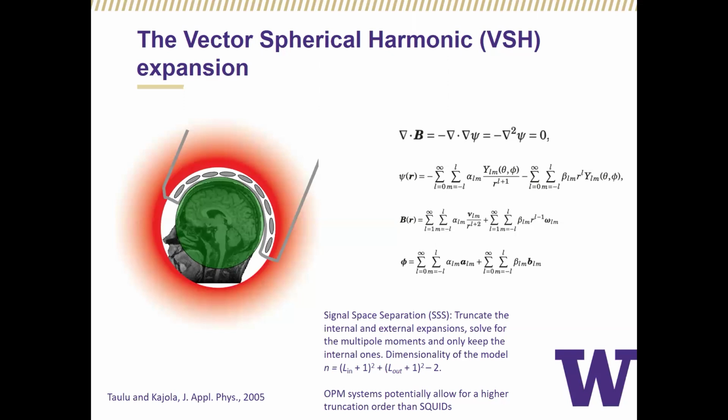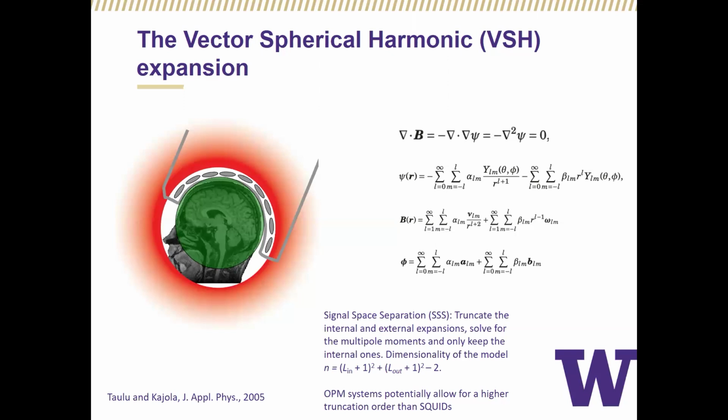derived from the magnetic scalar potential, which by definition satisfies Laplace's equation, which has this basic solution with the expansions that converge at infinity or at the origin. And anything that is produced by the brain, in this internal volume, has to converge to zero at infinity, of course.